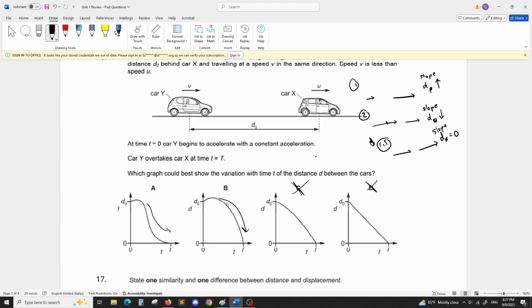So we kind of know that as we accelerate, as our speed goes up, sorry, not acceleration. Acceleration is constant in this case. As our speed increases, our d also decreases faster. So it actually becomes a steeper slope. In this case, I believe it is B.